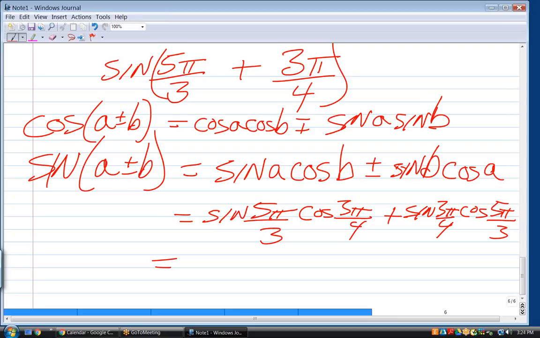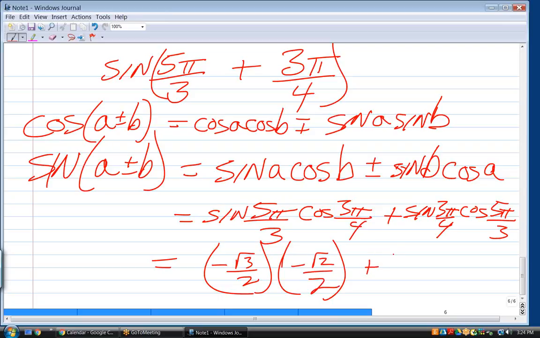And that would be negative root 3 over 2. What's cosine of 3 pi over 4? That would be second quadrant and negative root 2 over 2. You're good with those. That's good, that you can recall those so quickly.